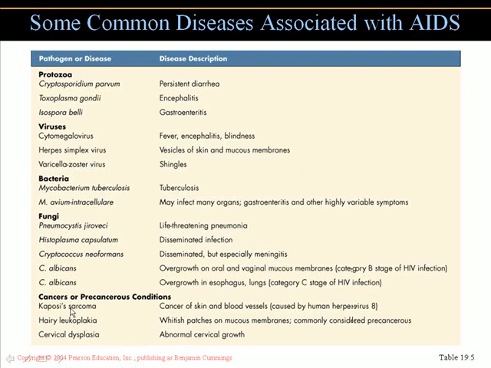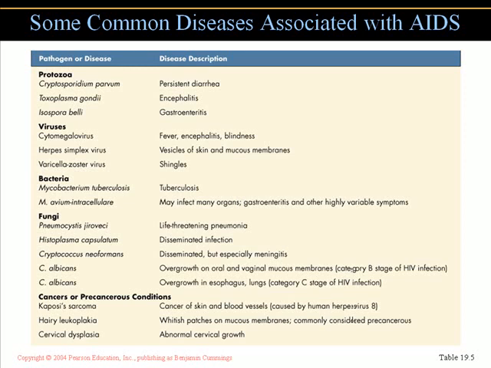Certainly, Kaposi's sarcoma can be seen in patients on immunosuppressant therapy for different types of cancer. You also may see a person on immunosuppressant therapy for a transplanted organ.